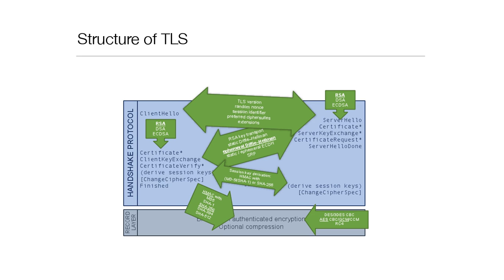This slide shows a summary of the entire TLS protocol, the handshake and the record layer. In the handshake layer, we agree on the cipher suite to be used, and then exchange the session key for data encryption.